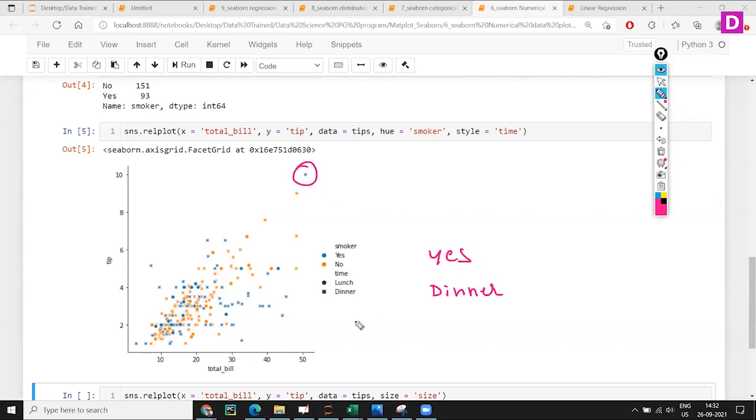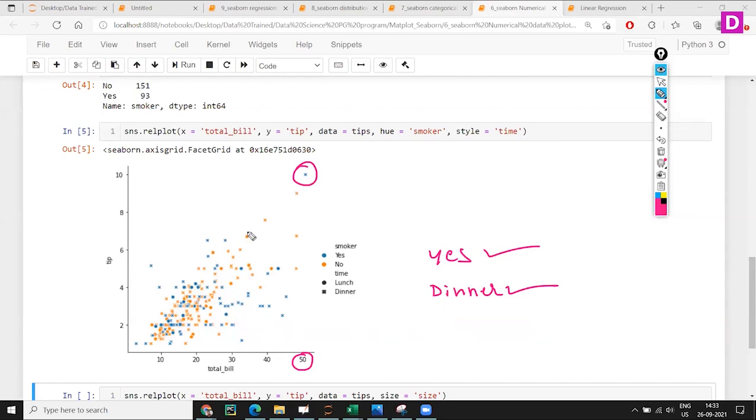It means that a customer who made a total bill of $50, he or she, that group, visited during dinner time and they were smokers. So this is the interpretation I can make.